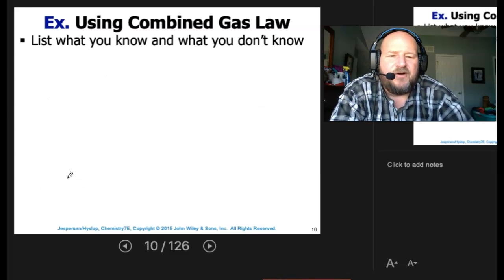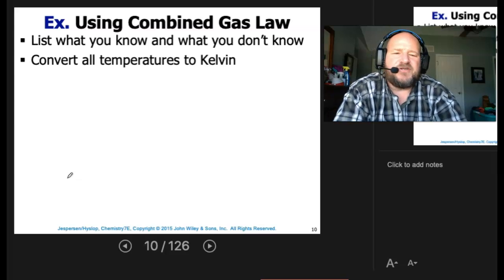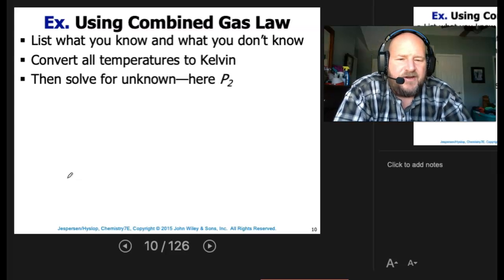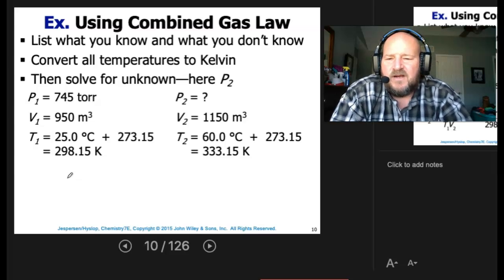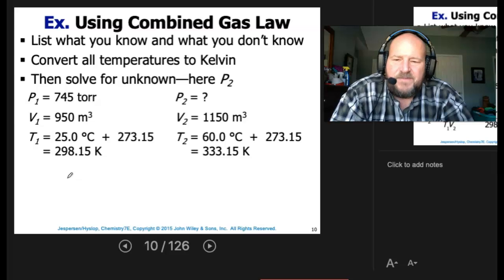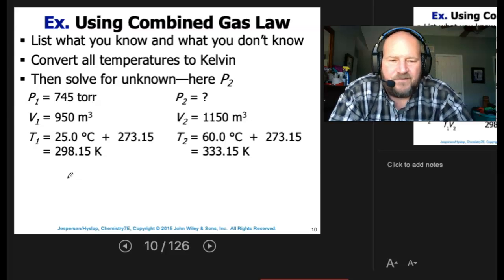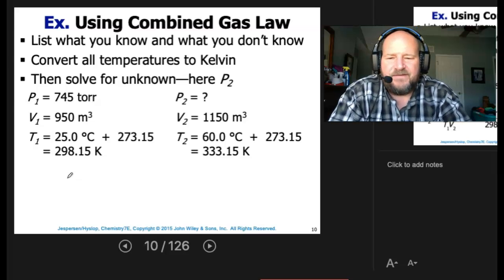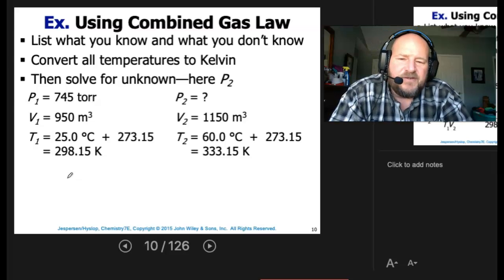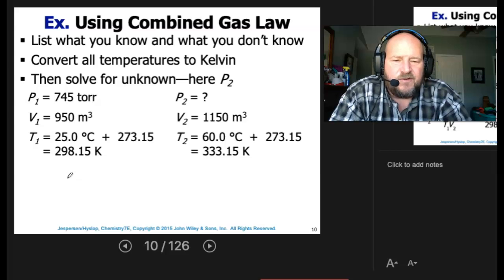So list what you know and what you don't know. Convert all your temperatures to Kelvin, then solve for the unknown. So we'll list everything off. We know P1 is 745 torr. V1 we were told 950 meters cubed. T1 we'll convert. We were told it's 25 degrees C, so we'll make that 298.15 K. P2 is what we're looking for. V2 we're told was 1150 meters cubed.